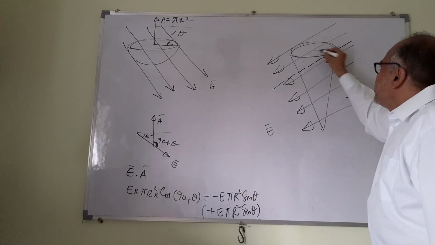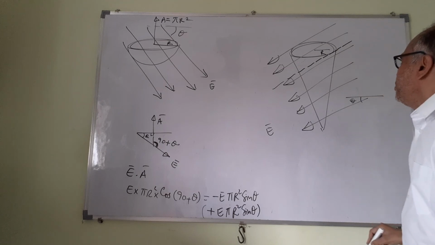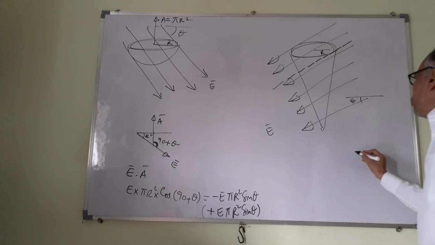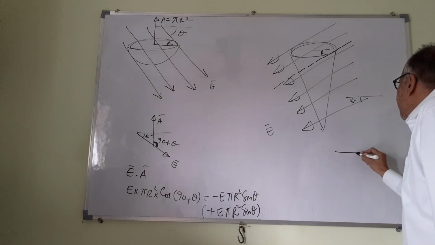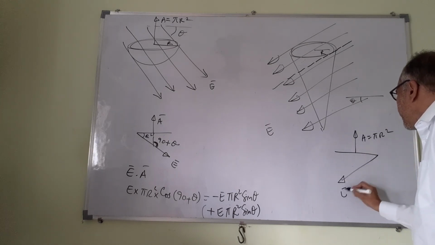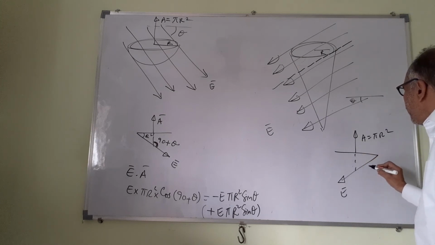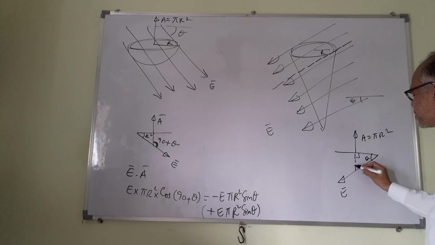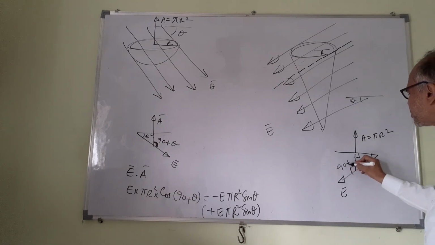So if the base of the cone has radius r, we would have basically the area vector like that, which is pi r squared, and E would be like that. So the angle, this is 90, this is theta, the exterior angle is equal to 90 plus theta.